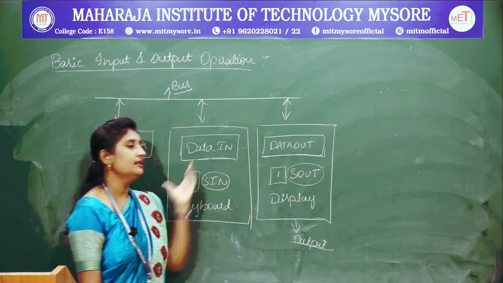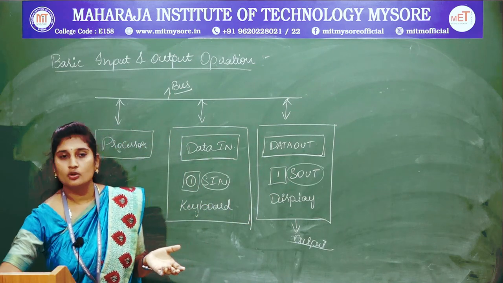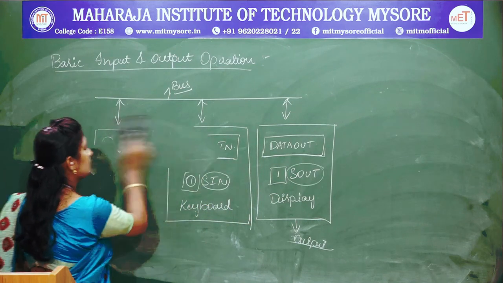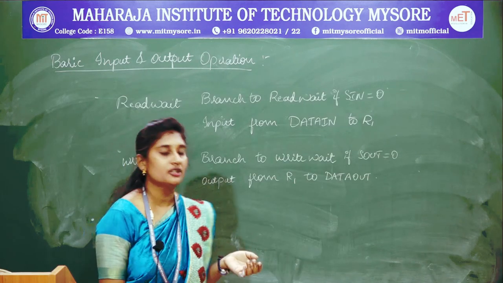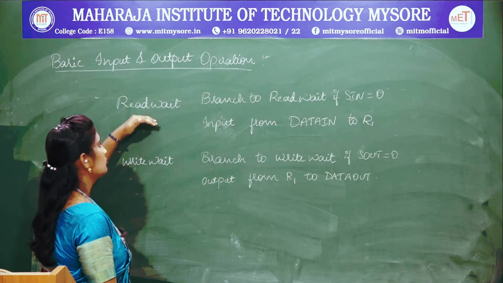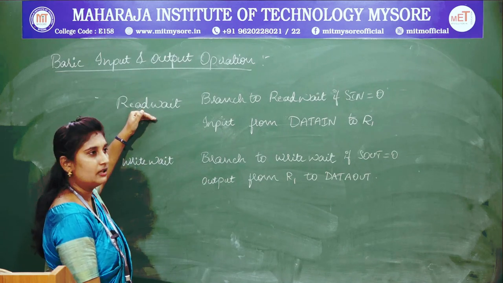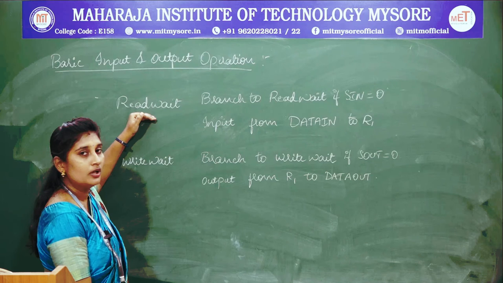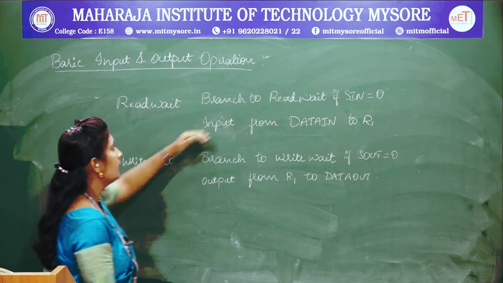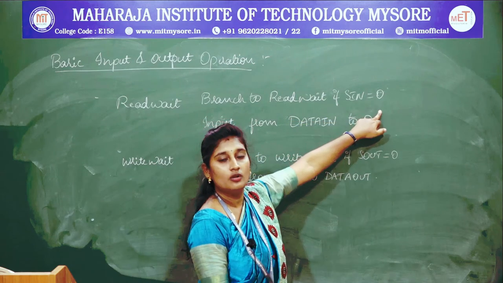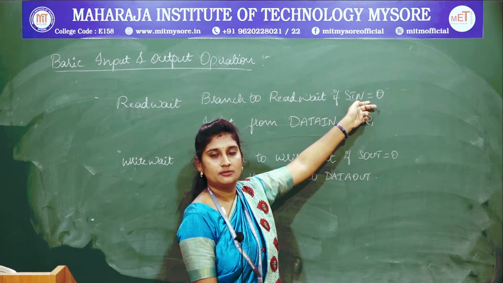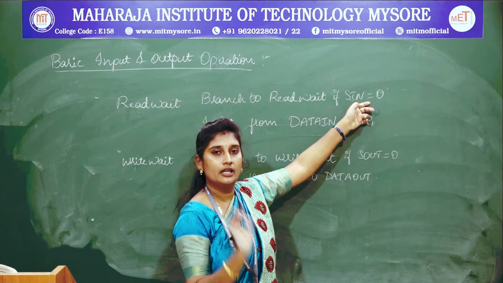So you can write this problem statement using the instruction set as follows. Summarize the overall basic input output operation using these instructions. I will be writing read wait, when I will be waiting to read a character from a keyboard: branch to read wait if sin is equal to 0. Sin is a status flag which will be present in your input device.